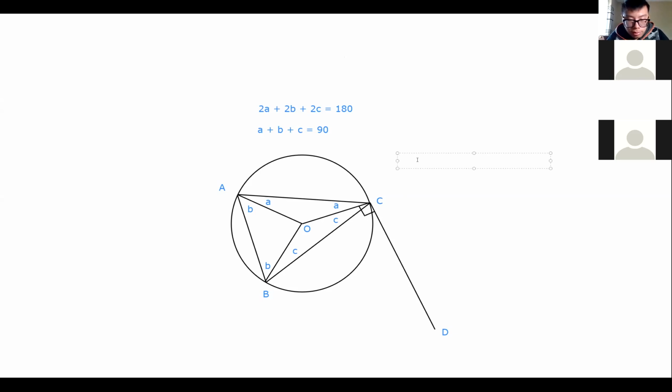If we compare angles, we can see that OCD is equal to OCB plus BCD. So we're just adding up those angles. OCD is equal to 90 degrees. And we have OCB, that's angle c right here. And we have BCD.